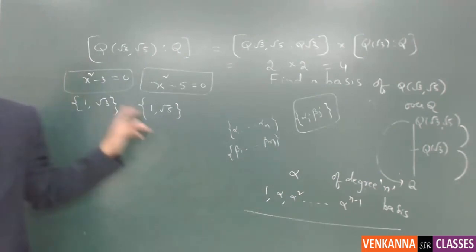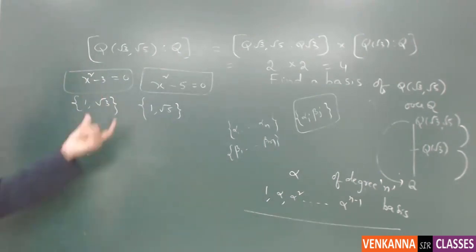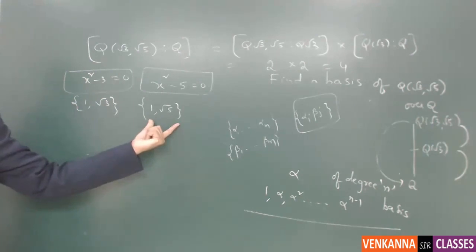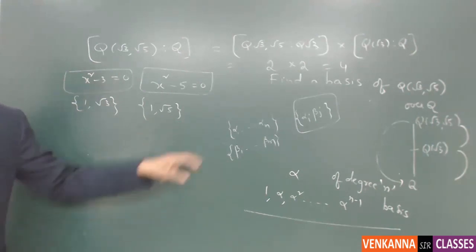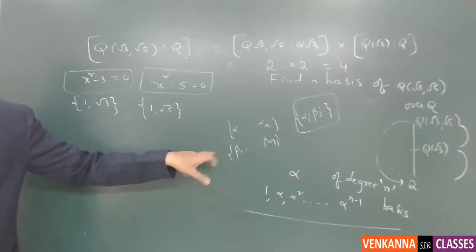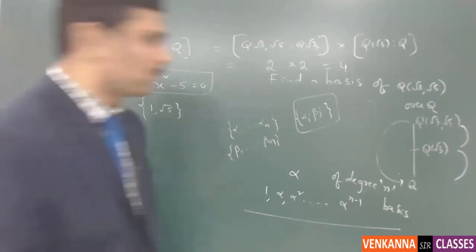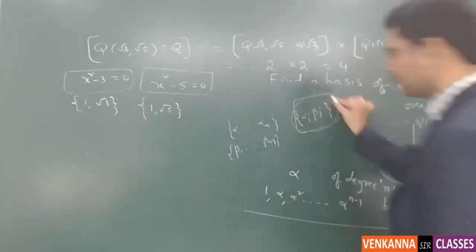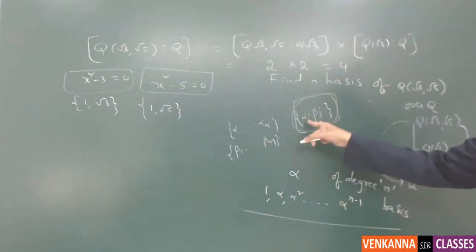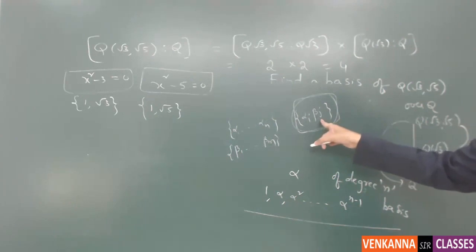This technique if you apply here, you know that this is the basis for one vector space, and this is the other basis for another vector space. Now, whenever you know two bases, how to formulate the resultant basis while considering the product? This is the formula: multiplying one basis's elements with the other basis's elements.